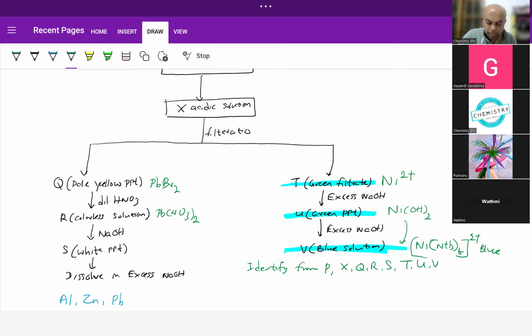So this is creating a white precipitate after addition of sodium hydroxide, that is lead hydroxide. This is Pb(OH)4 2-, which is an aqueous solution.